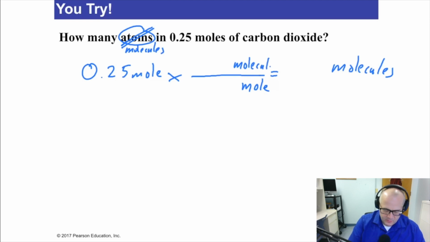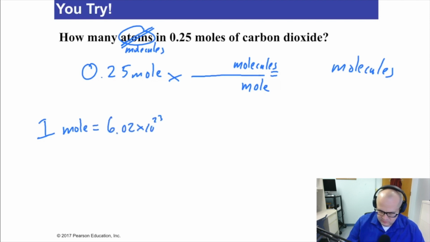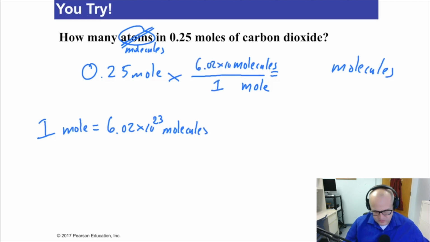Put moles on the bottom and molecules on top. Remember, 1 mole equals 6.02 times 10 to the 23. Number 1 would go here, 6.02 times 10 to the 23 goes there.